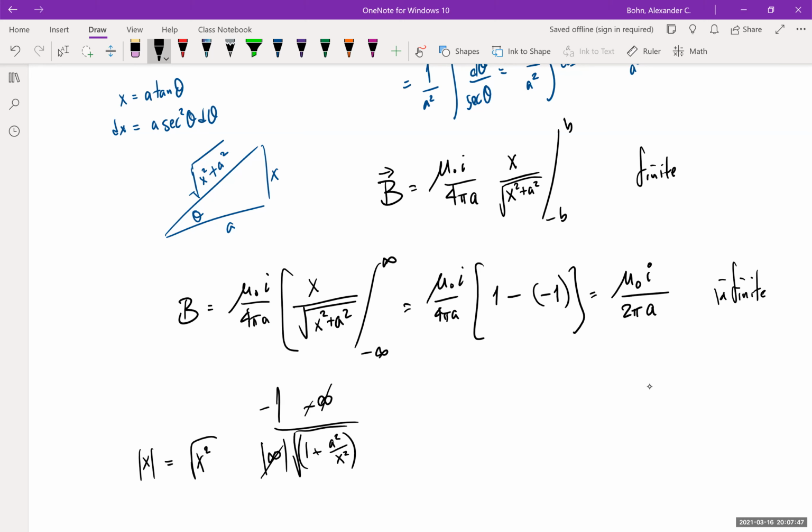This is a very nice geometric result. And it has the 1/axial distance dependence that Biot-Savart measured quantitatively.